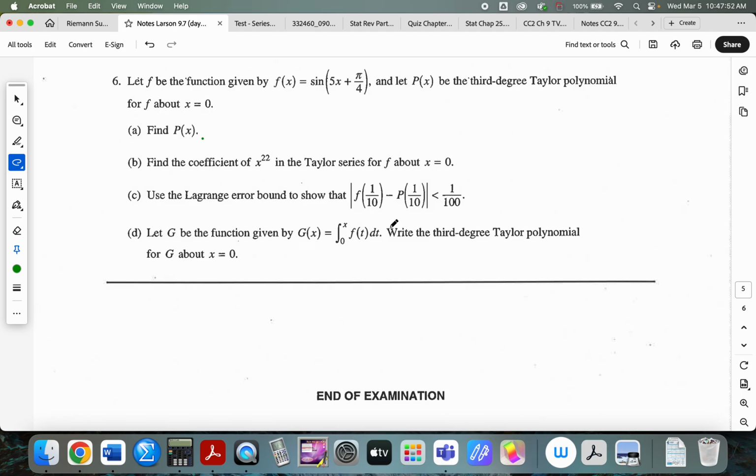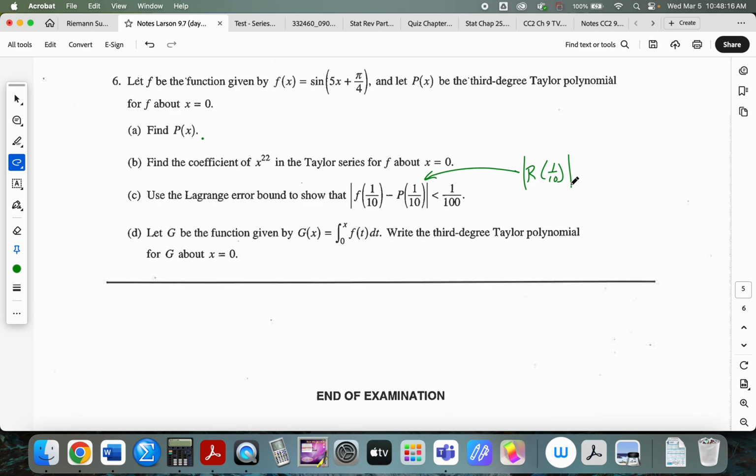Here, this is what I was telling you about in the notes. It says use the Lagrange error bound to show that f of 1/10 minus p of 1/10 is less than 1/100th. Well, this is r of 1/10. Right? That is the remainder.